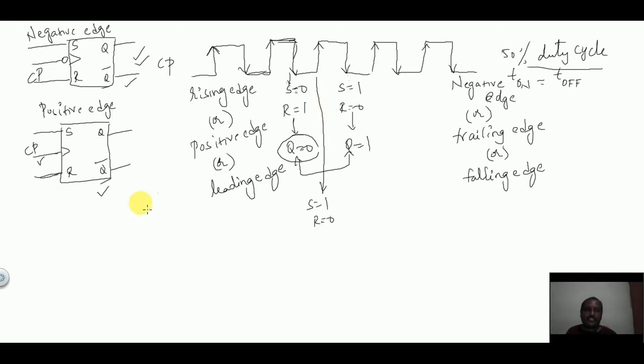In a latch there is only one condition: the enable input must be made high. Then you can change the output by changing the input at any instant of time. But in a flip-flop, you can change the output only at its corresponding edges. If it is a negative edge triggered flip-flop, only at negative edges. If it is a positive edge triggered flip-flop, only at the corresponding positive edges.